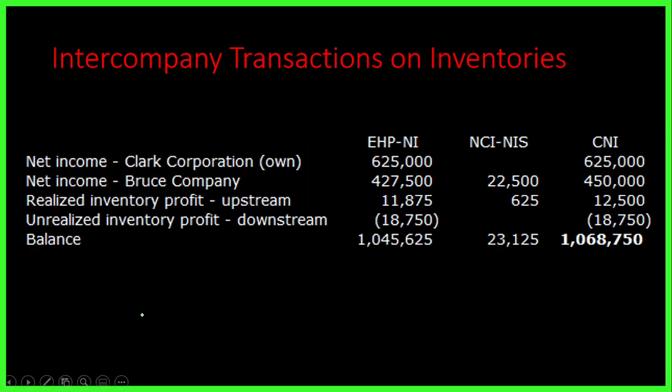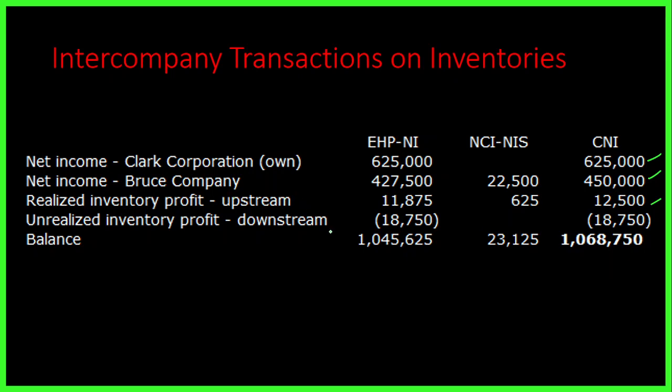Let's continue. For CNI, 100%. What was realized? Your profit from your beginning inventory, since it's already sold this year, the entire 12,500 will be realized. And for the unrealized, the entire unrealized profit will be deducted against your CNI. Now, if you notice, bakit ito yung downstream sale?